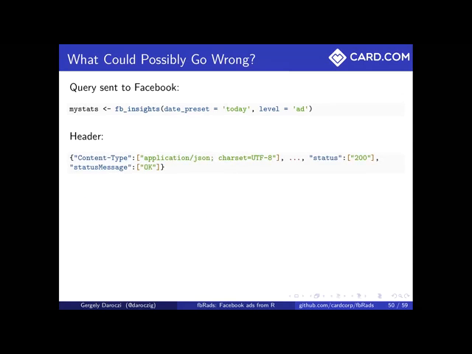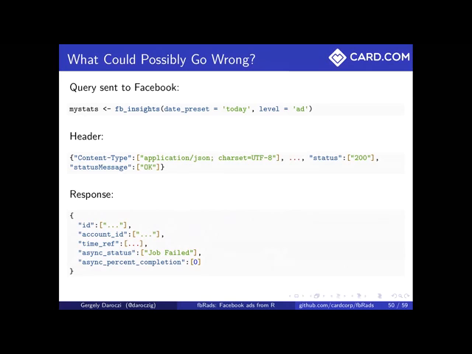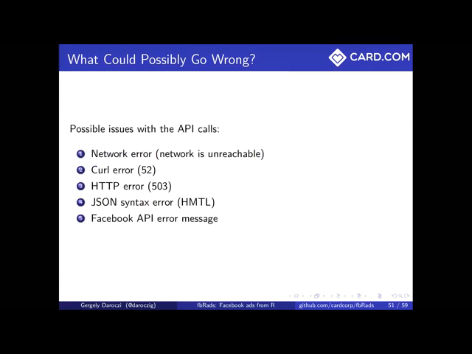Or let's see this. Now we get a JSON from the API endpoint, which is good. But the content of the JSON is that, sorry, the job failed. So you have to query again. Good news: although there might be very different temporary errors with the API endpoint, this package can handle all these for you.